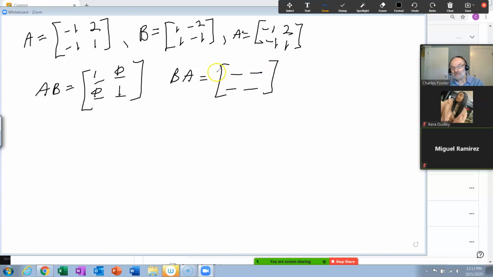The 1,1 entry, first row, first column, so first row of B times the first column of A: 1 times the -1 is -1, plus 2 would be 1. Yep. The 1,2 entry, first row of B, second column of A, would be 1 times 2 is 2, minus 2 is 0.